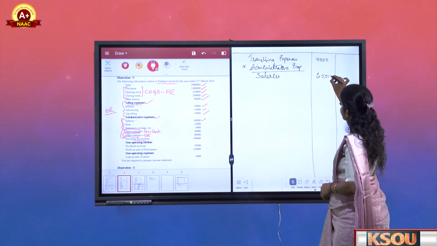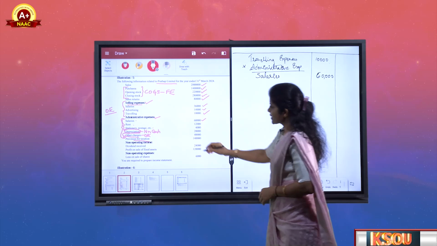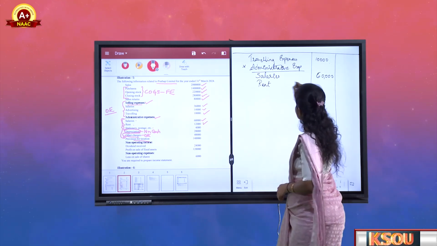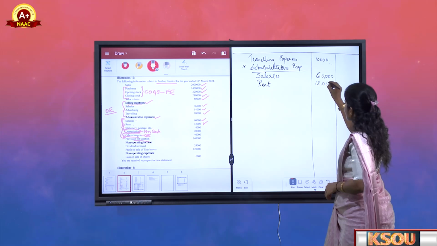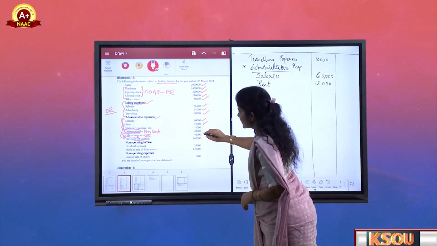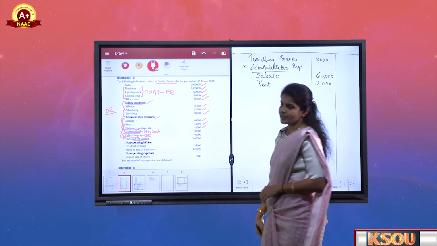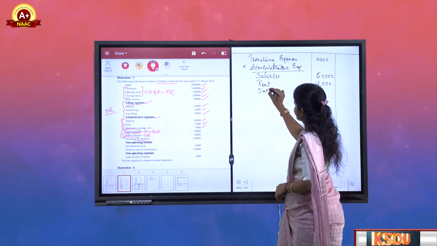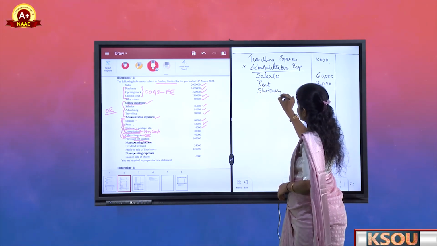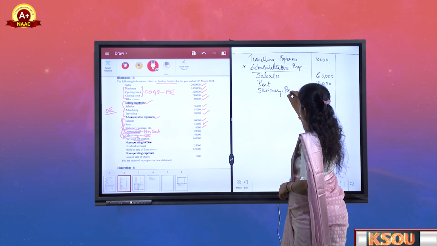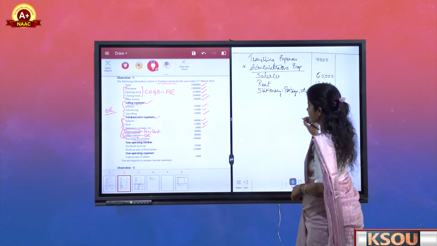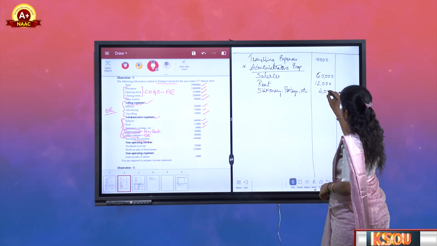Next, rent, 12,000. And stationery, postage, etc. is 4,000.